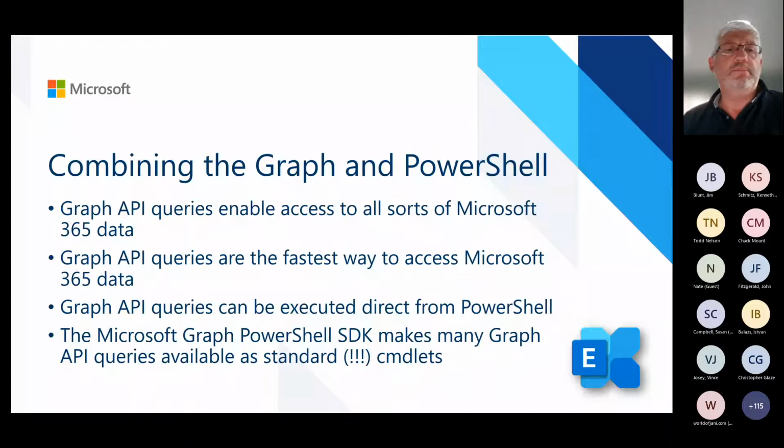Now do it with the Graph API call, and you'll see the difference. And the thing about it is, these queries can all be executed directly from PowerShell. There's nothing there to stop you executing Graph API queries direct from PowerShell.